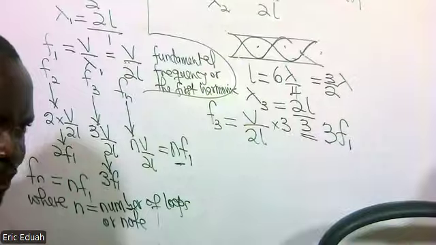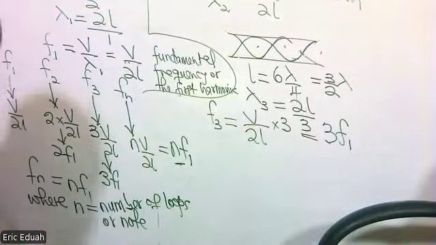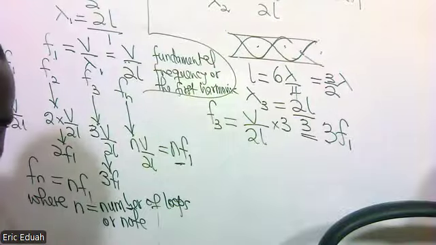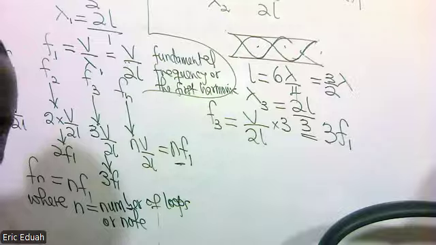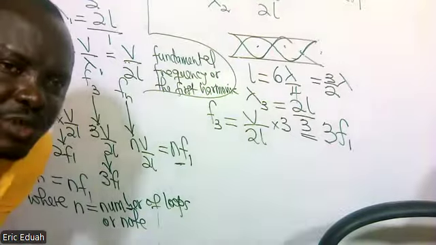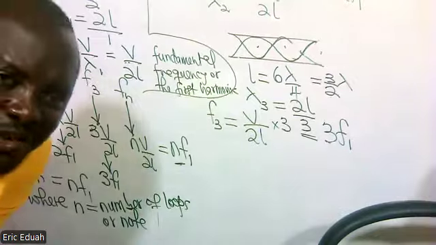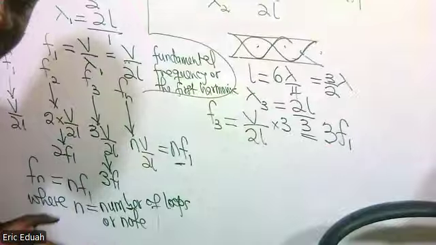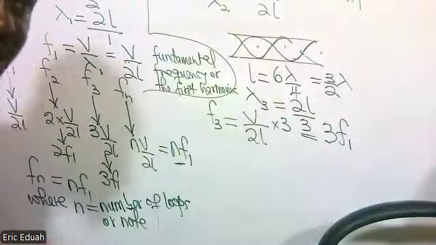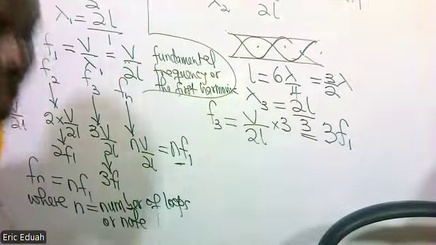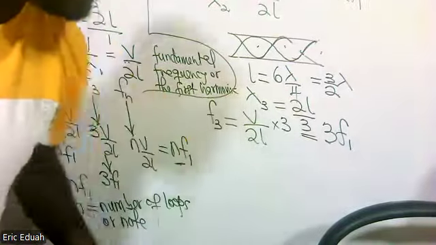Whereas in closed pipes, it was integral multiples of only odd harmonics. If the first is 100, the next frequency to hear is 300, the next 500, 700, 900. So this is a mixture of odd and even, whereas in closed pipe, it's only odd harmonics.